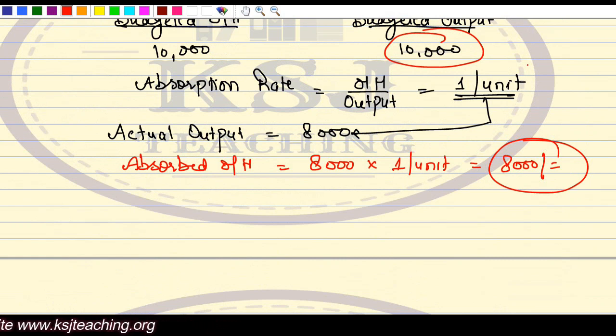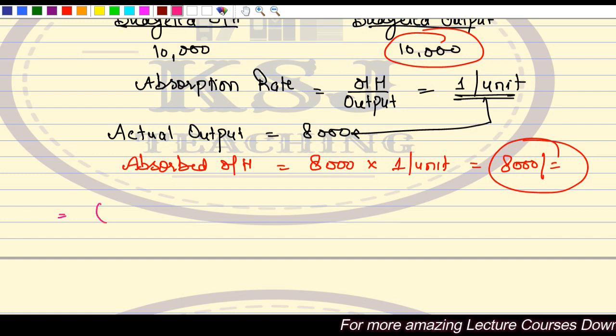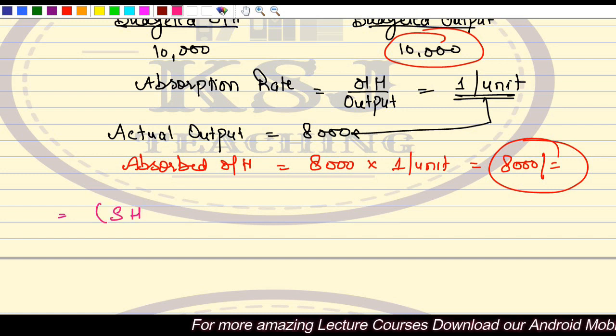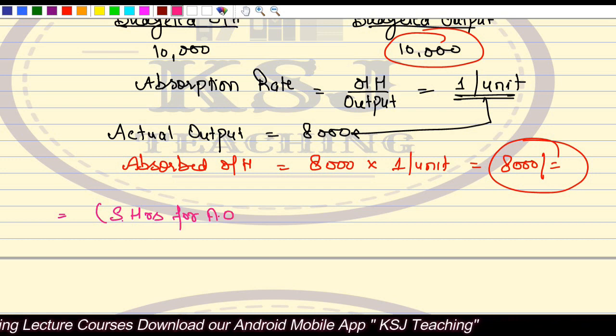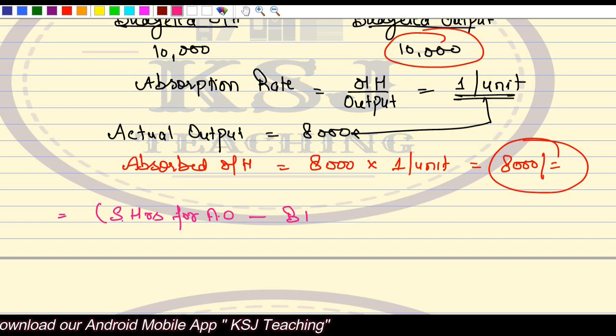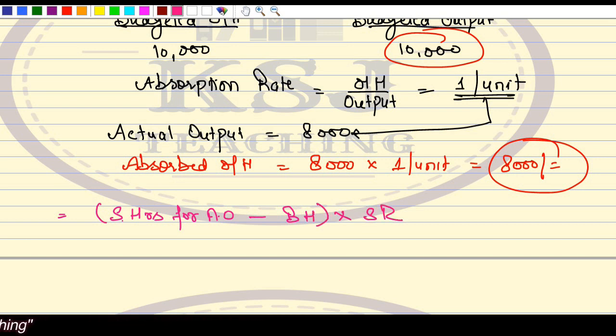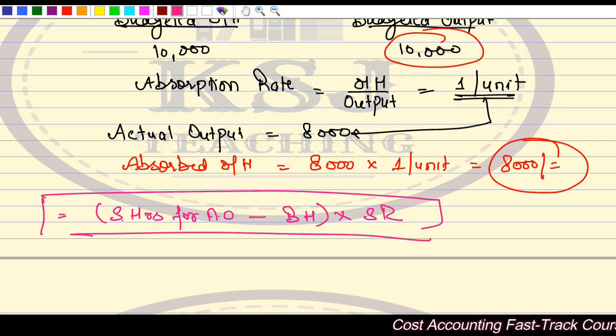The formula here will be: absorbed overheads, that is standard hours for actual output, minus budgeted hours, that is what you planned for, multiplied by standard rate. Clear? This will be the formula for volume variance.